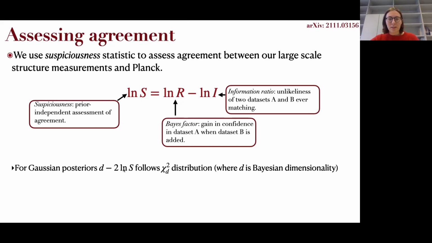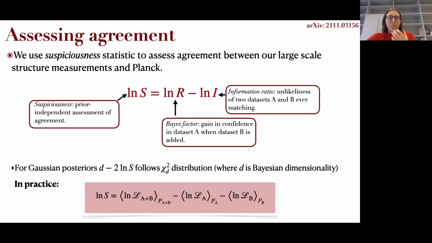For Gaussian posteriors, suspiciousness follows a chi-square distribution. However, in practice, we calculate suspiciousness just from the variance of likelihoods. An important note again is that you don't need to define a specific parameter space to assess suspiciousness. It just uses essentially the goodness of fit.